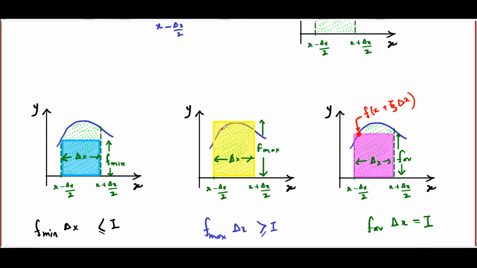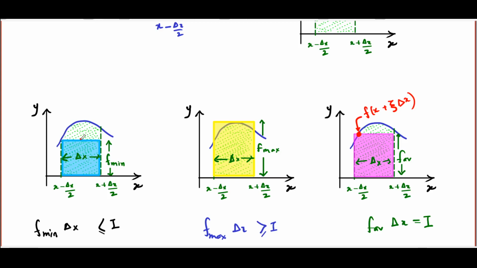Similarly, if you take the maximum value, f max, as the height of your rectangle, and delta x as your width, you're definitely going to overestimate the area under the curve, so f max delta x will be greater than or equal to I. Now, if you were to keep on moving the top arm of your rectangle from this value all the way up to this, somewhere in between, as shown here, you will hit a height at which the area of the rectangle will exactly match the area under the curve.